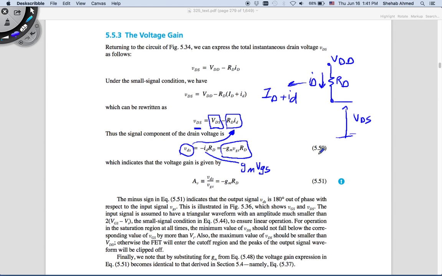So this model means that the resistance RD has to be placed in parallel with the output here, and I have to have this current equal to GM times VGS flowing through it. That's basically what this means.